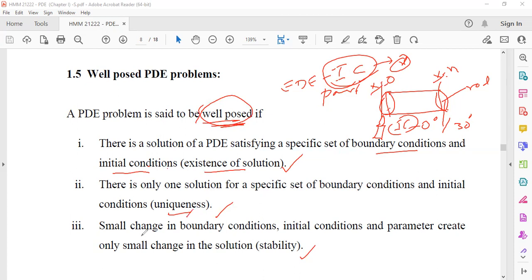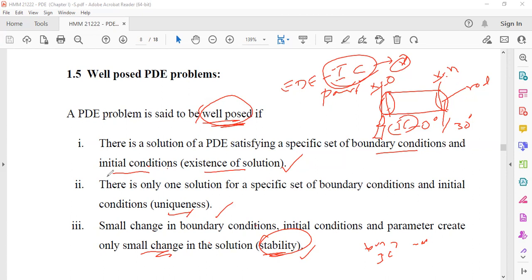And also, even a small change in boundary condition, initial condition or parameter should create only a small change in the solution. So even if we change a little bit of the initial condition or boundary condition, it should have small changes in the solution. It is called the stability of the solutions.